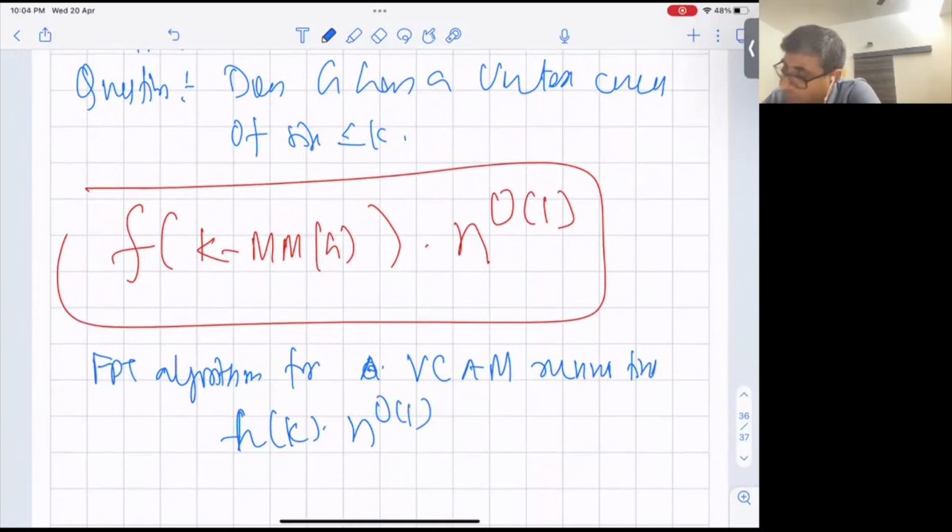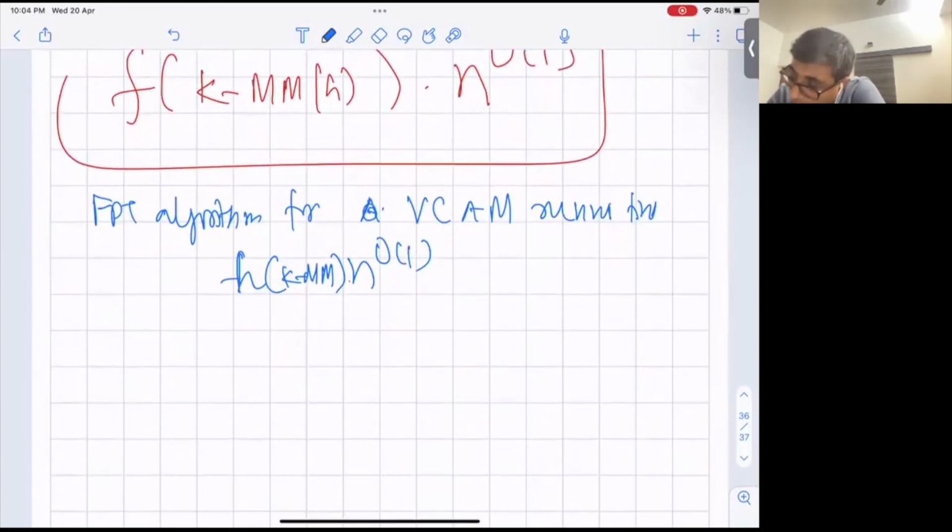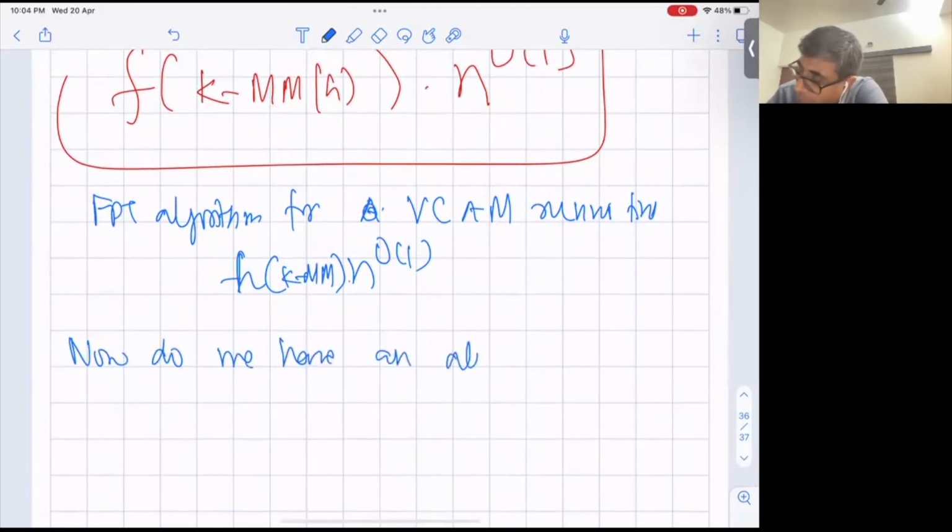Then, do we have an algorithm for OCT? How many of you see an algorithm for OCT now?